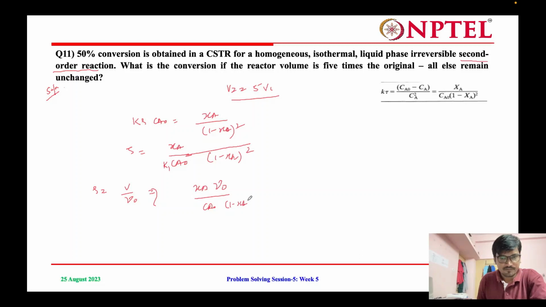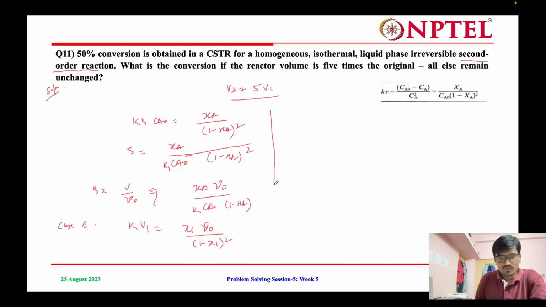Now case 1: k V1 / V naught equals X1 / (1 - X1) squared.